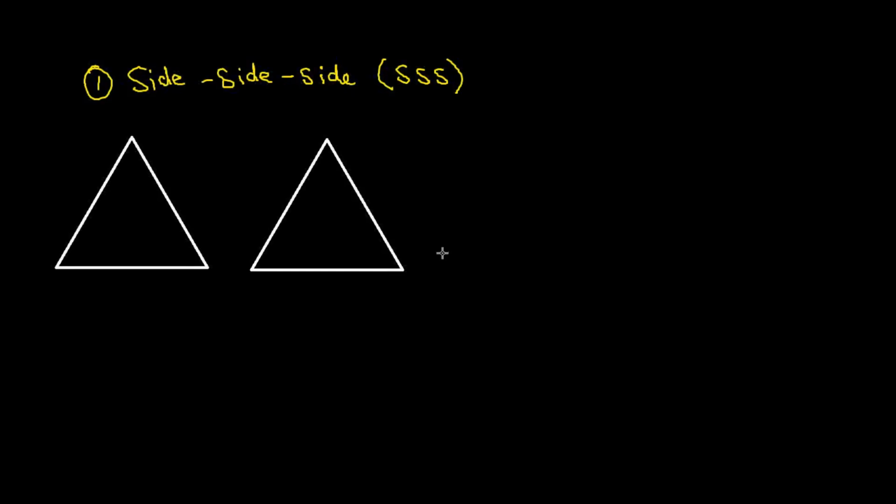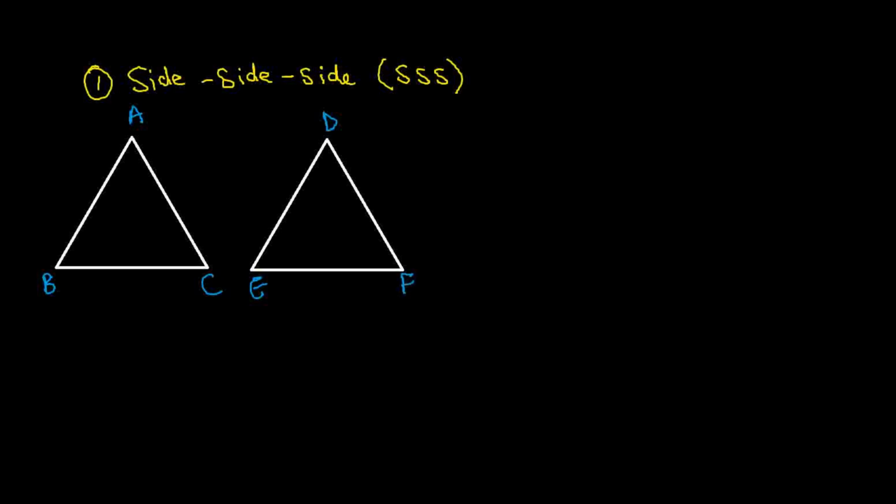But in geometry, we cannot just take anything at face value. We have to prove everything. If it's a triangle, we have to prove that it's a triangle. So let's say we have triangle ABC and we have triangle DEF.